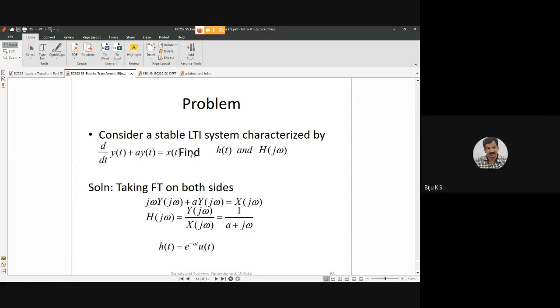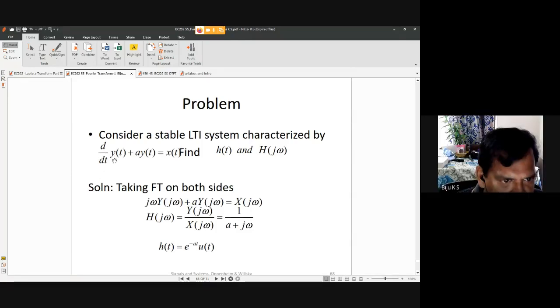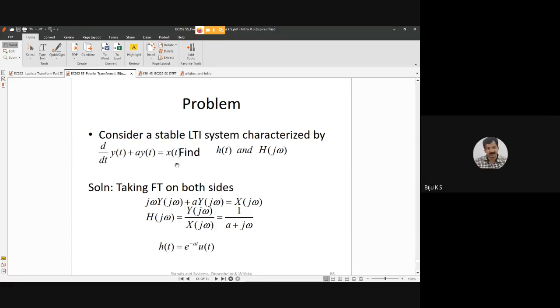Consider a stable LTI system characterized by d by dt of y(t) plus a into y(t) equal to x(t). Find h(t) and H of j omega.